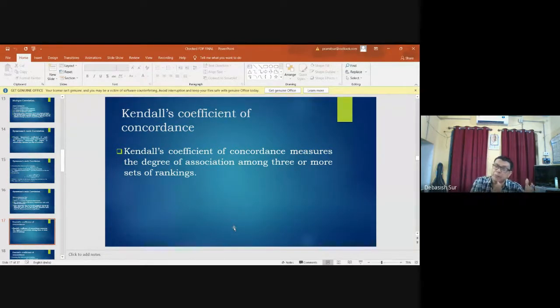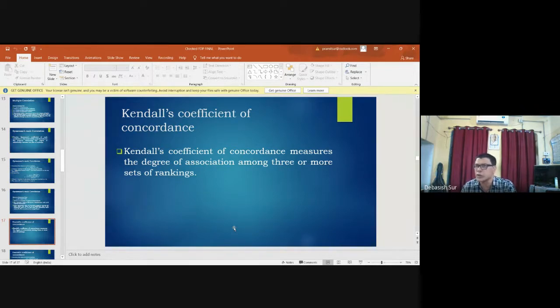So if we have 2 variables, and if we want to determine the degree of relationship between them, and if the data are qualitative in nature, we use Spearman rank correlation coefficient. But if we have 3 or more variables, and if we want to determine the degree of relationship among them, and if the data are qualitative in nature, then we have to use Kendall's coefficient of concordance.